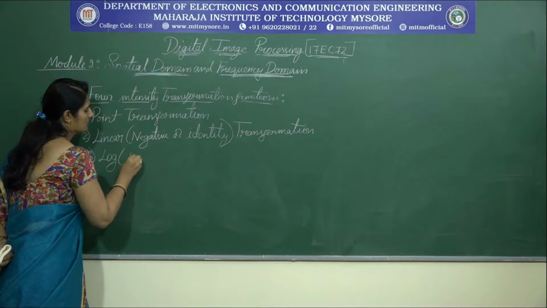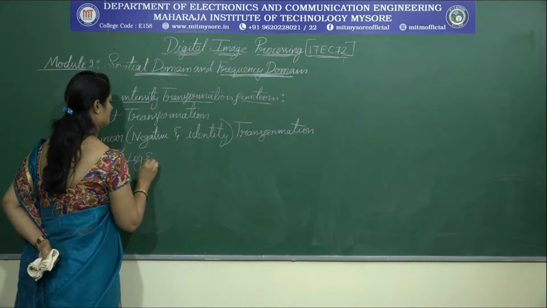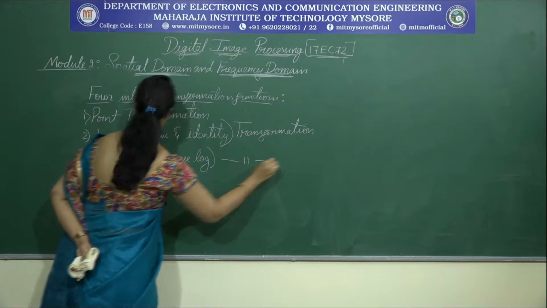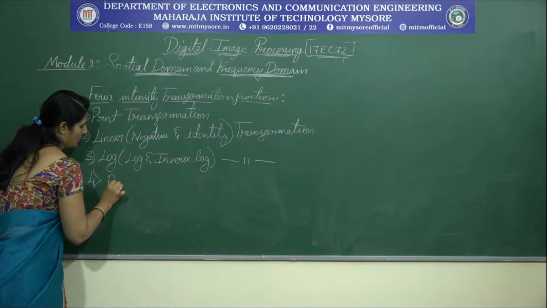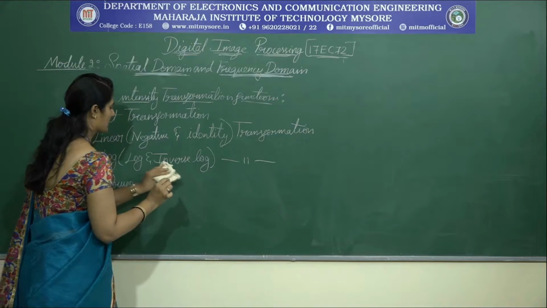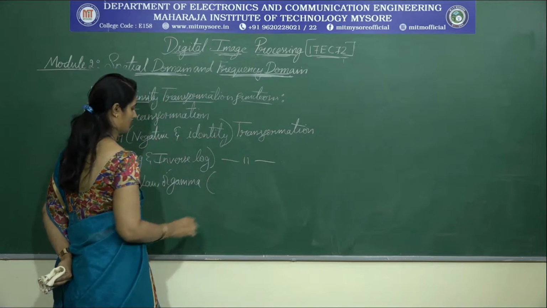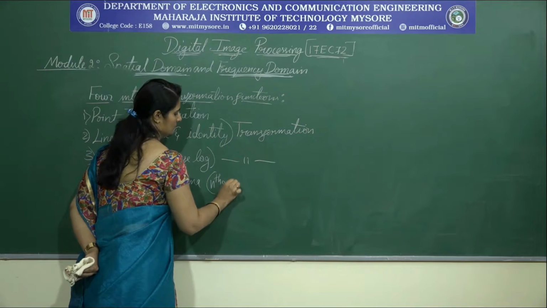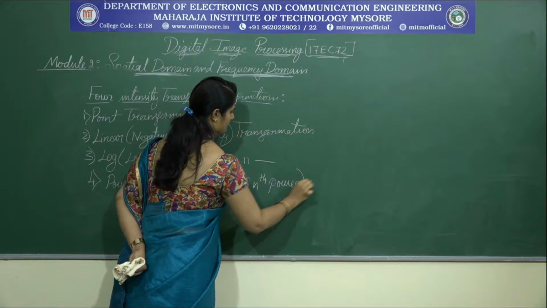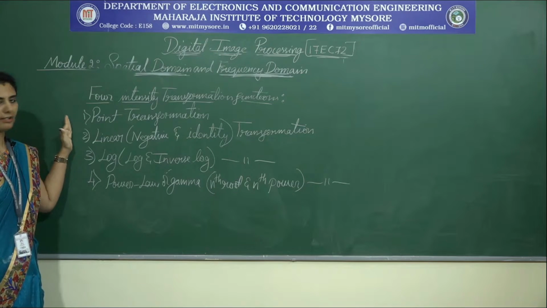Third is log. Fourth is power law, which can also be called gamma correction. So these are the four basic types of intensity transformation functions.